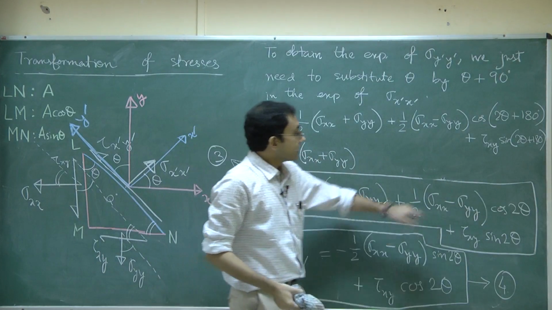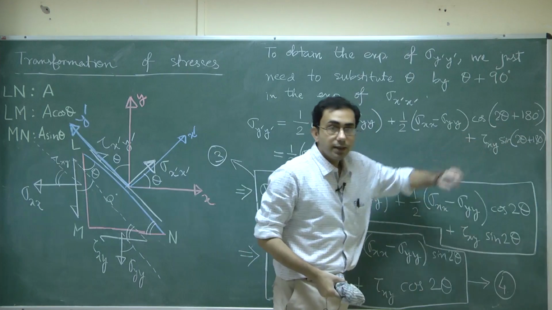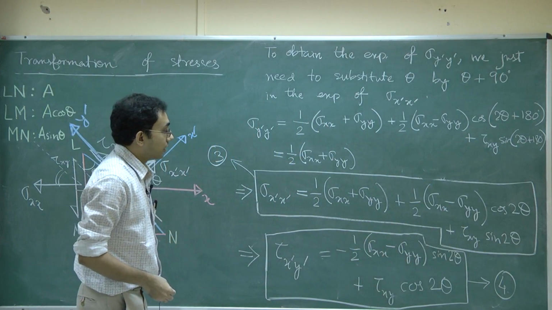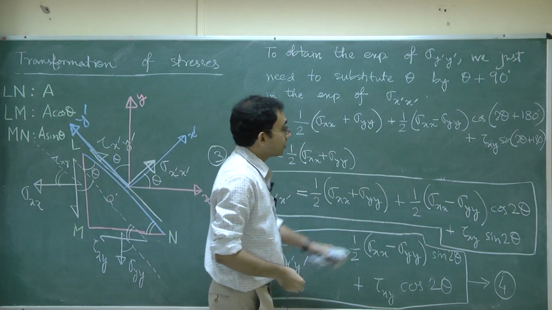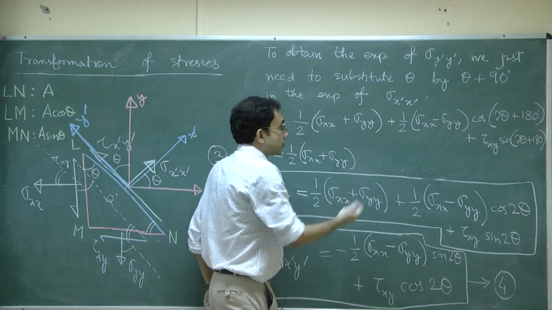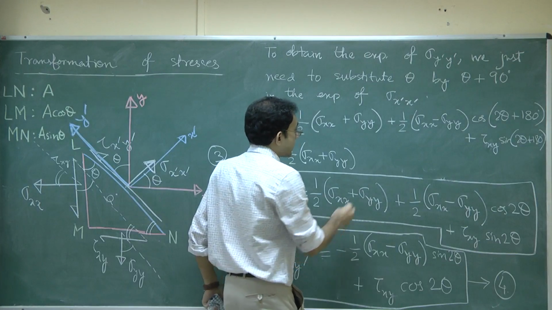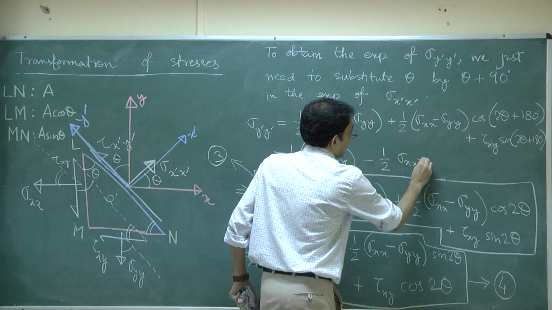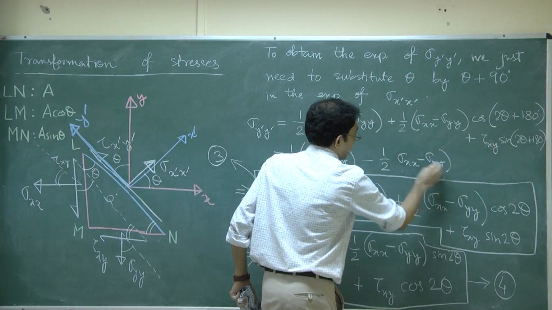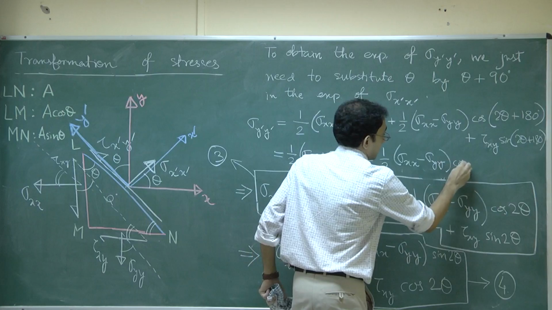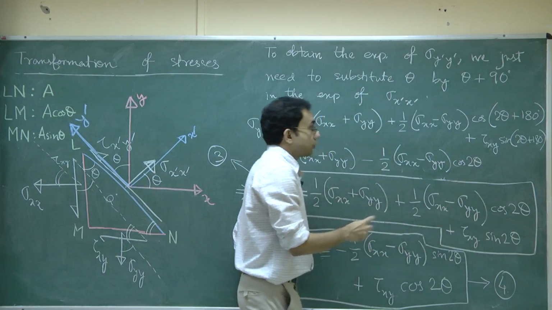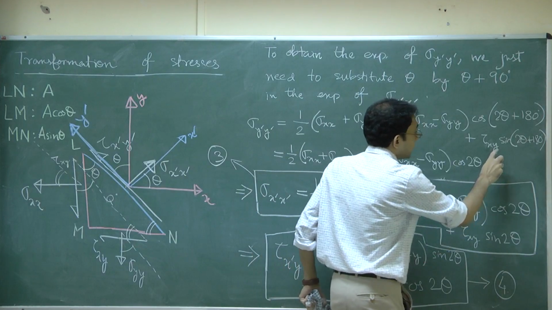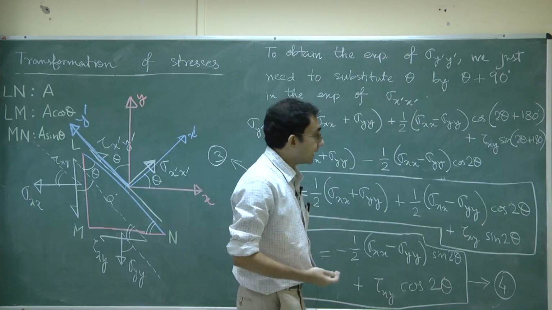Now you note that cos 2 theta plus 180, considering all those tricks that we learned in high school trigonometry, that will be in the third quadrant. So that will be basically with a negative sign. So cos of 2 theta plus 180 is basically minus cos 2 theta, and similarly in the third quadrant we also have the negative sign.